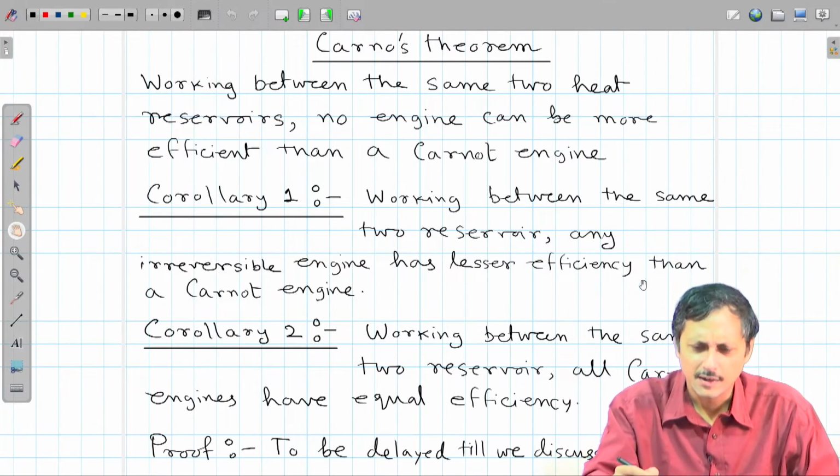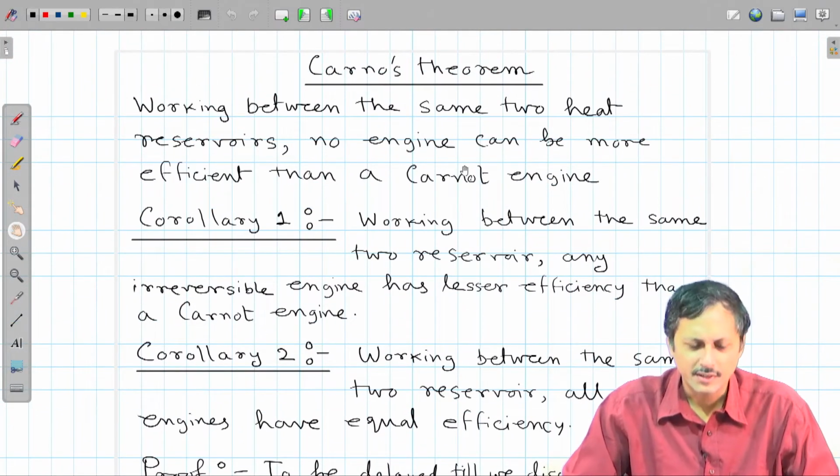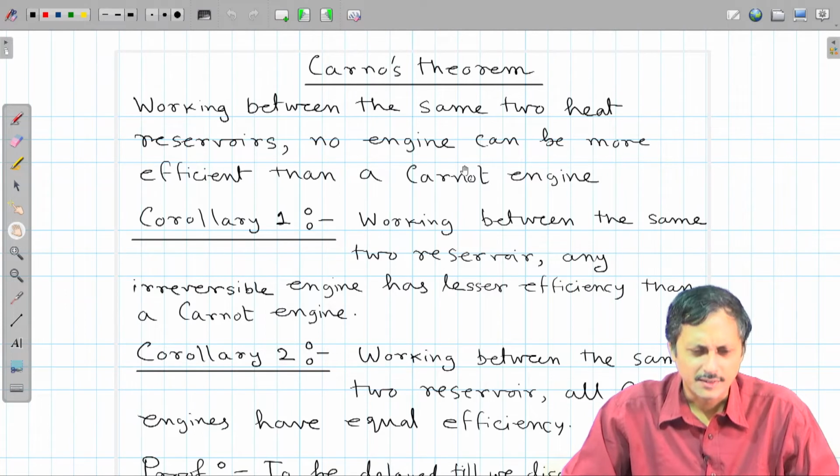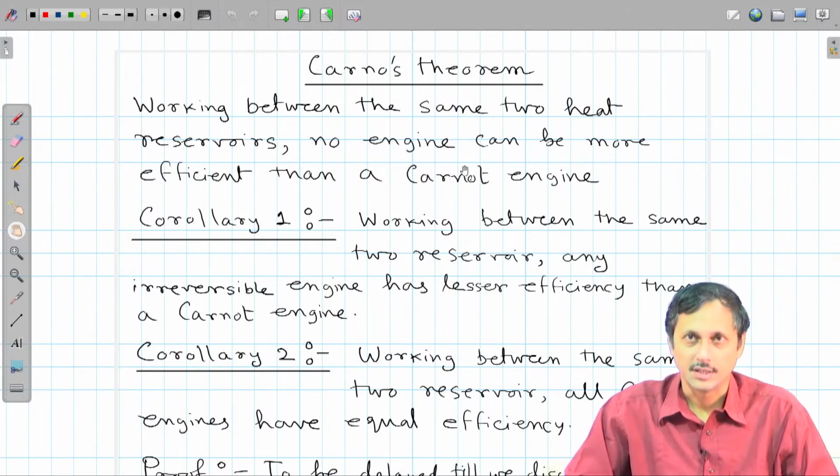But let us go into something called the Carnot theorem. Once again, this talks about heat engine. It says working between the same two heat reservoirs, no engine can be more efficient than a Carnot engine. So, this is a theorem. Once again, it can be proved given that we accept the second law of thermodynamics.